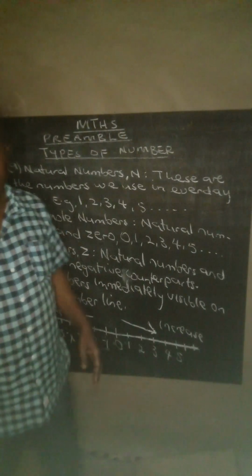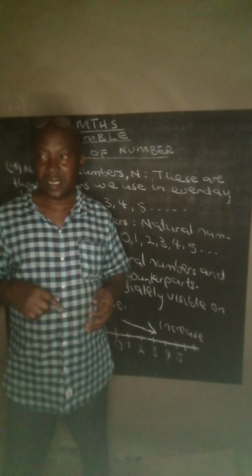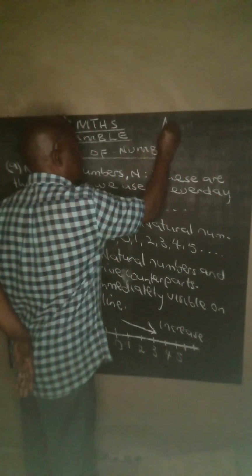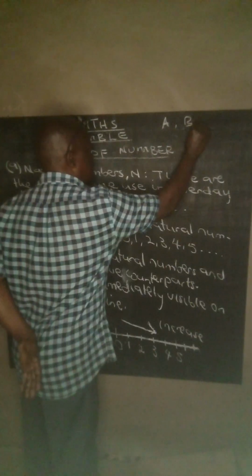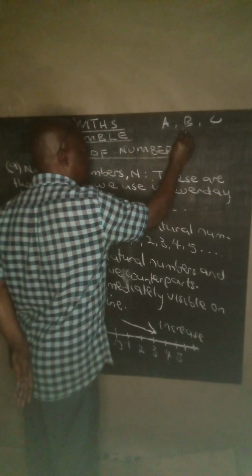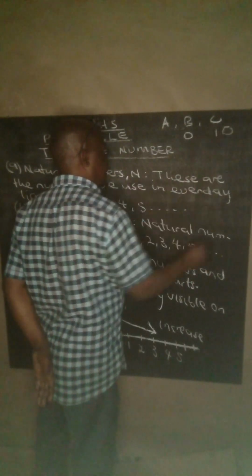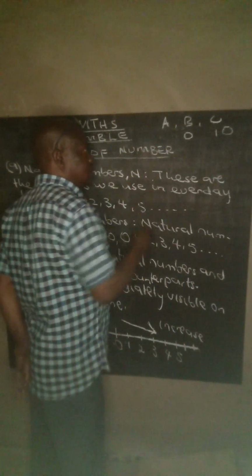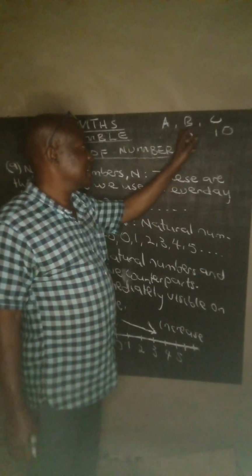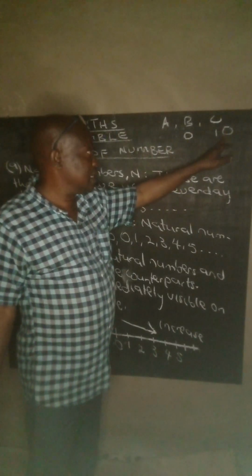Good. Take a look at this. Now let's consider 3 scenarios. A, B, C. A has nothing on him. C has 10 naira. B is owing what? 10 naira. So you cannot represent that owing again by 10. These are different things. You have this 10 naira in your pocket.